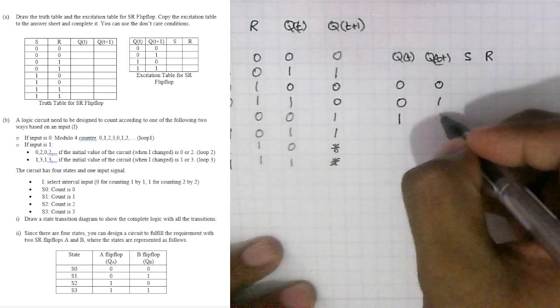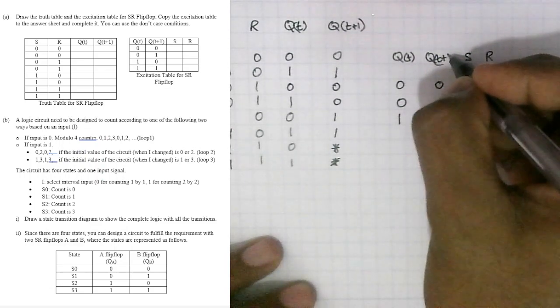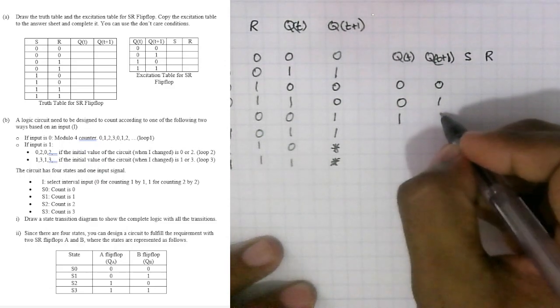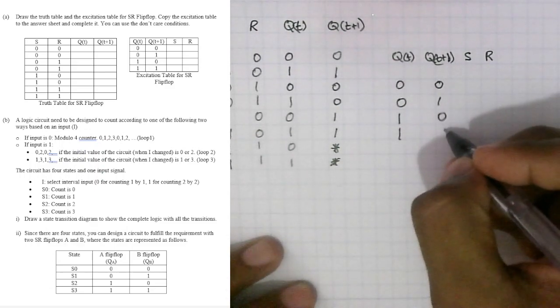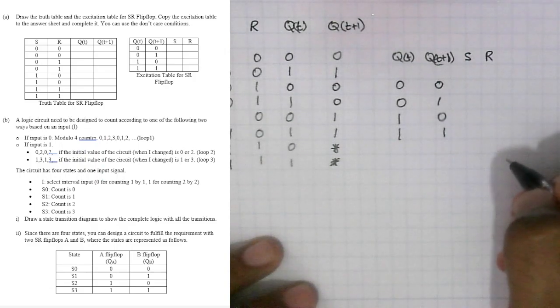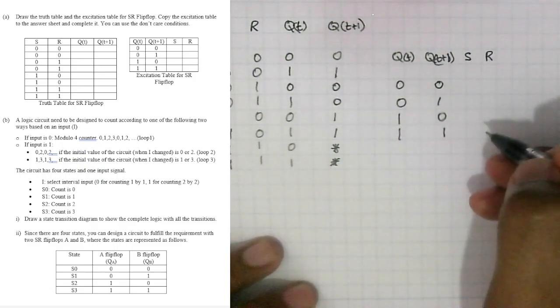If Q is 1 and we need Qt plus 1 to be 0, then what is the transition? If Qt is 1 and Qt plus 1 is also 1, what are the SR signals we need to set? So this is the thing we are trying to determine using our excitation table.